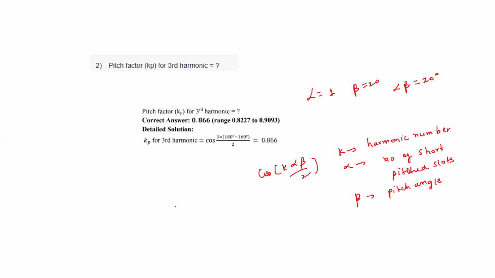In this formula, you just feed it: cos K alpha beta by 2, which is cos 3 into 20 by 2. If you do this, you will find it to be cos 30. We know that cos 30 is root 3 by 2, which is 0.866. So like this, you just have to feed in the formula.